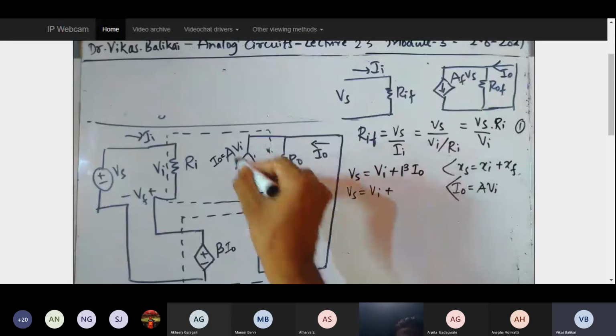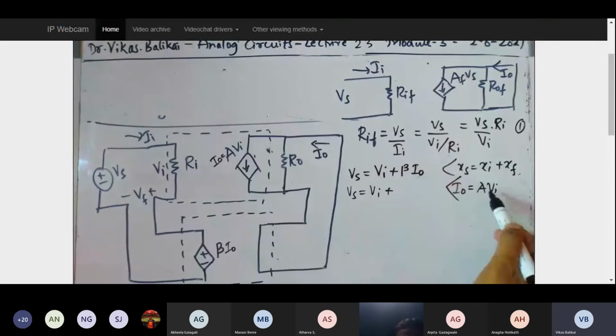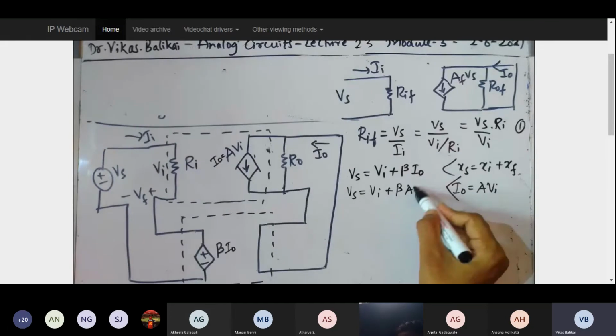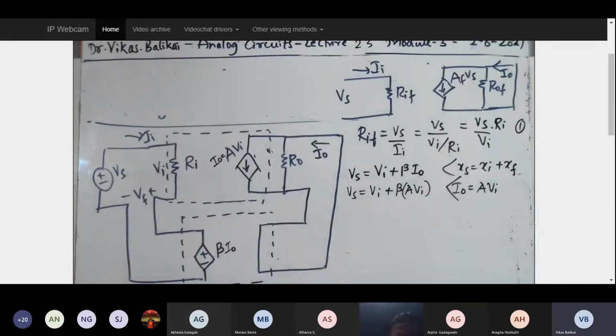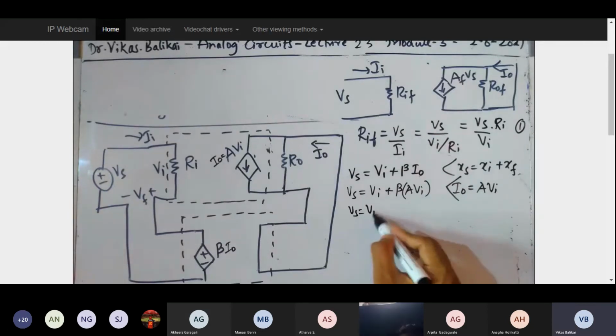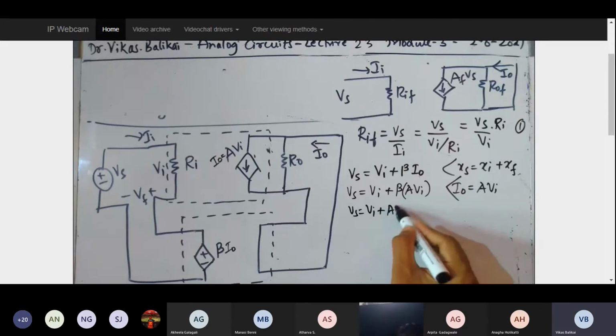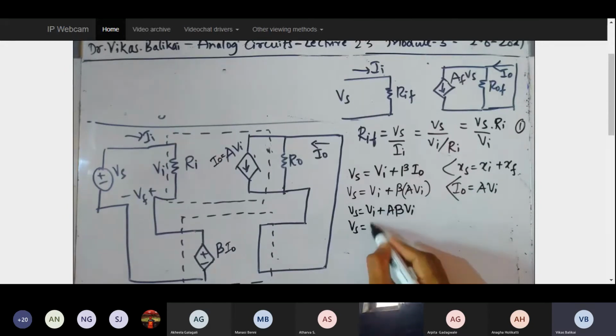In the place of I naught, just represent A into VI. I'm just following the same things that are present in this entire circuit. So this will be simplified as VI plus A beta times VI. VS equal to VI times 1 plus A beta.